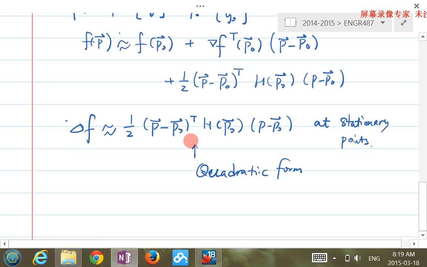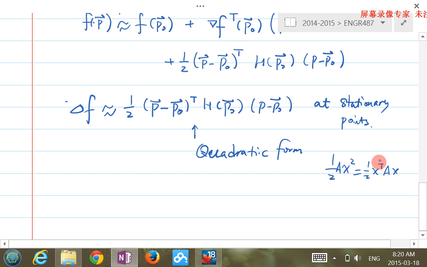It's like this: 1/2 a x squared, if it's just a scalar. 1/2 a x squared, that's quadratic. Now because this is a vector, it's not exactly like this, but it's basically like this. That's called a quadratic form.